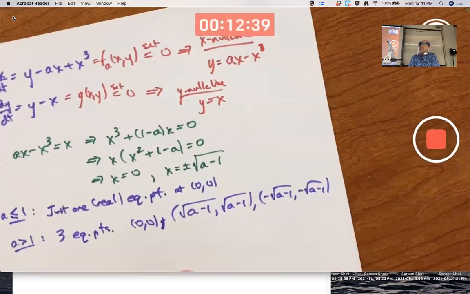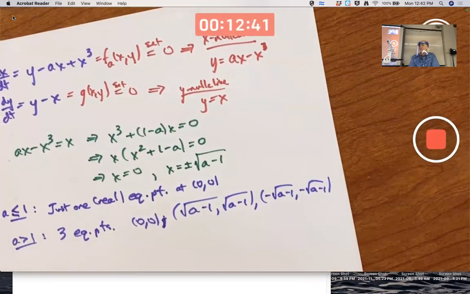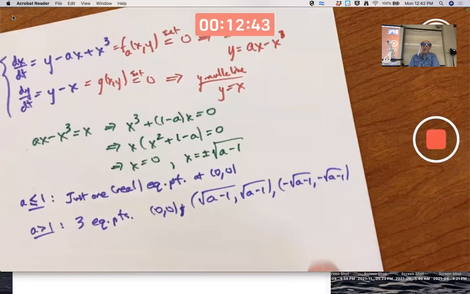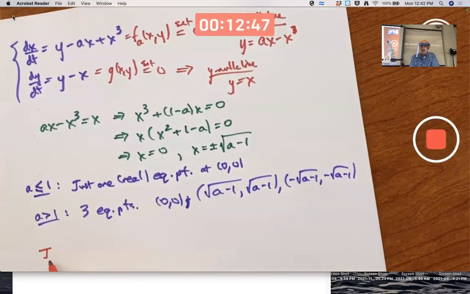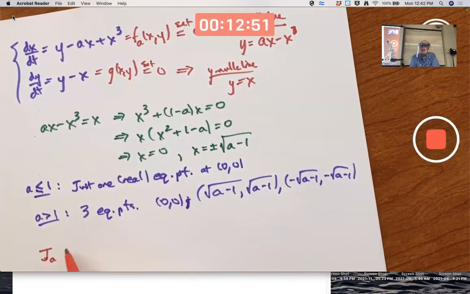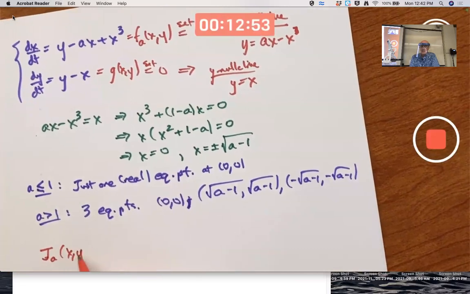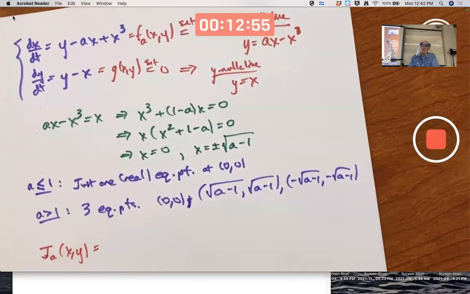However, even at the origin, it doesn't hurt to use the Jacobian matrix. So the Jacobian matrix, J, will in general depend on a, the parameter, and you always plug points into it.